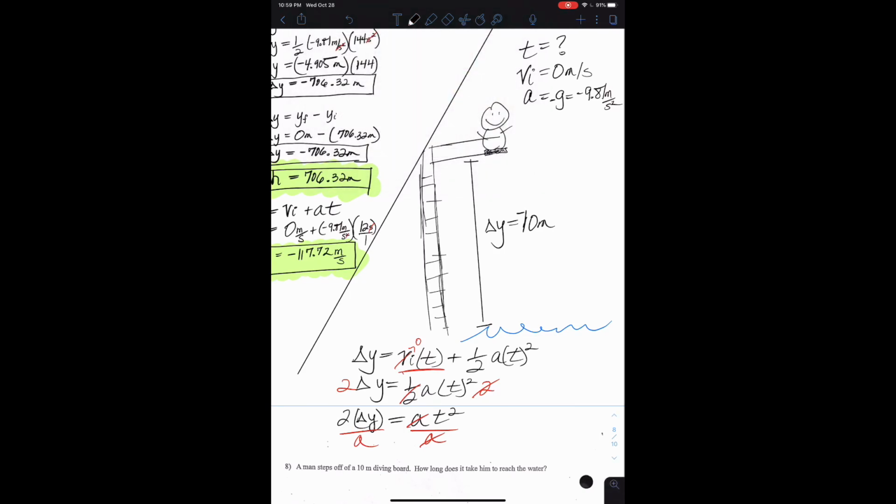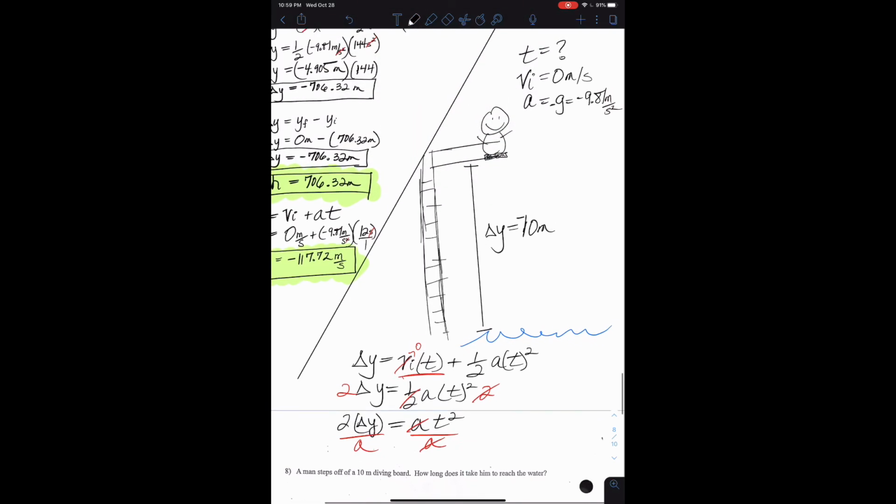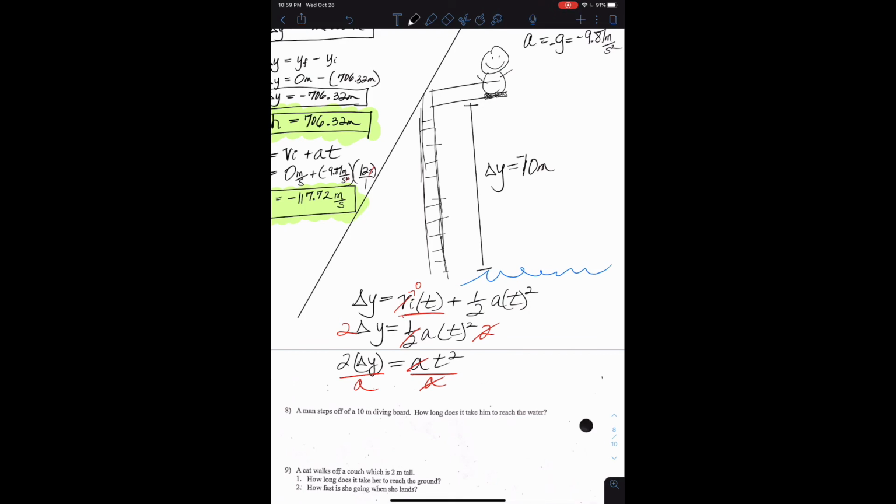So we can then say that, kind of running out of room, I'm going to write it over here. We can say t squared is equal to 2 delta y over a. We know that a is g because it's a falling object. So we can say t squared equals 2 delta y over g.